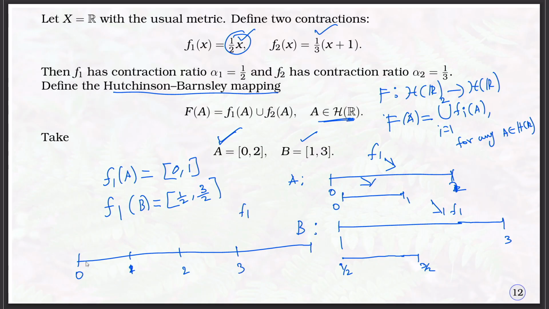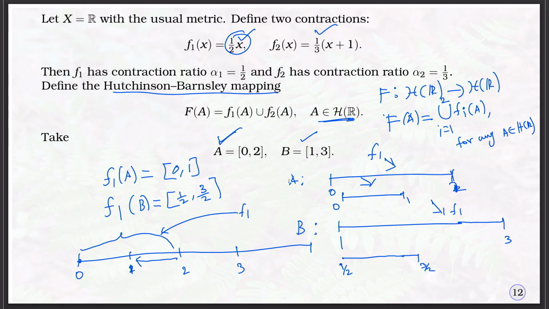f1 on this interval, f1 maps 0 to 2 to this interval, just shrinking here to here, and 0 maps to 0, the 2 maps to 1.